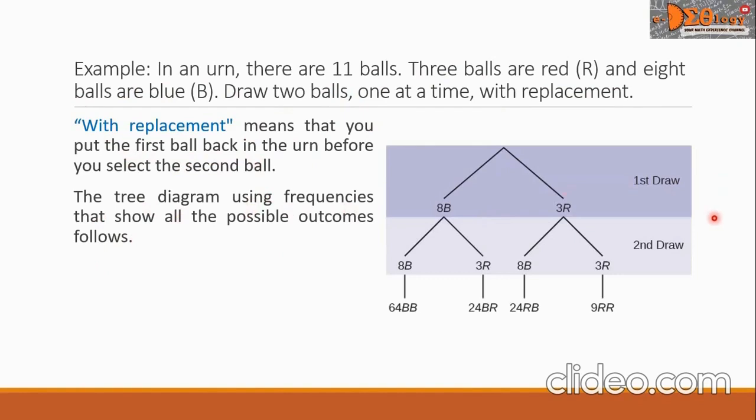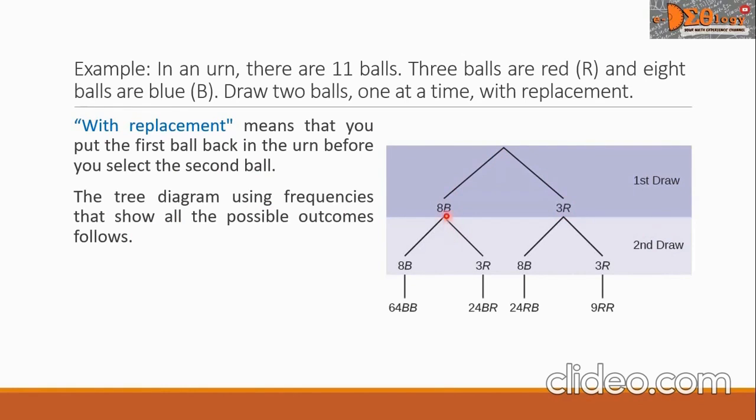This is an example of a tree diagram. This level is considered to be the first draw, where there are 2 branches. The first branch represents the 8 blue balls. The second branch represents 3 red balls. On the next level is the second draw. Please note also that the problem says that the first ball is being replaced in the urn.